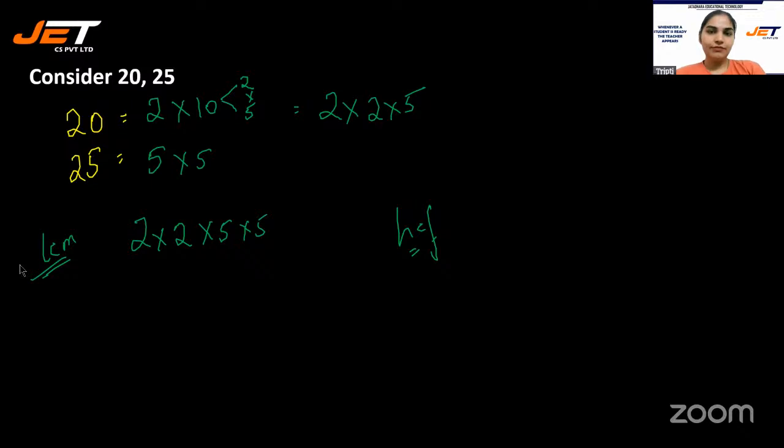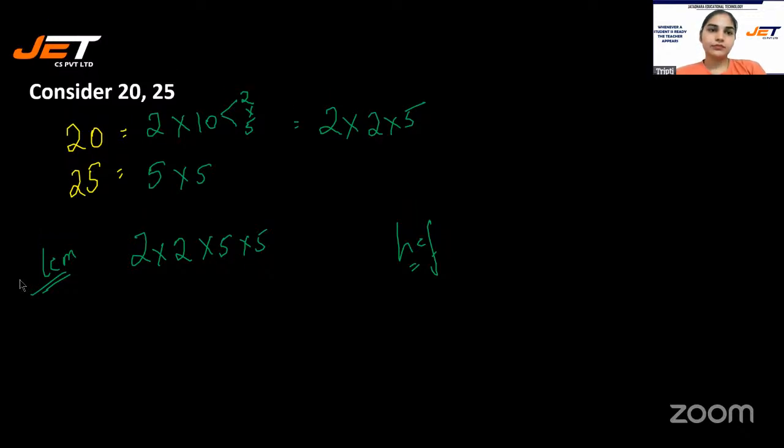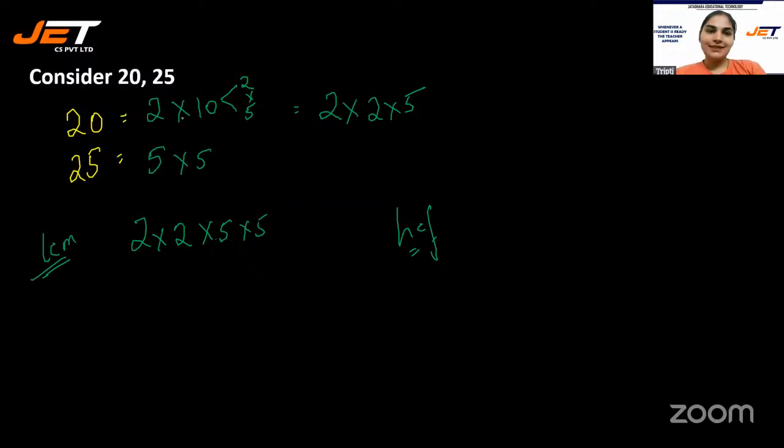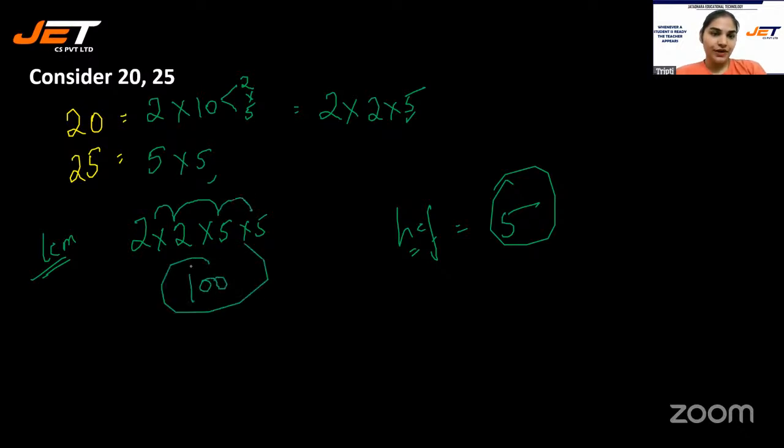Find out the HCF. HCF is, the common number here is only 5. So HCF is 5. LCM is 2 times 2 is 4. 4 times 5 is 20. 20 times 5 is 100.